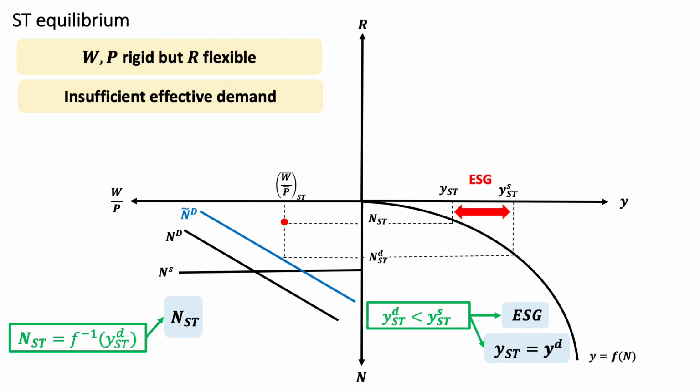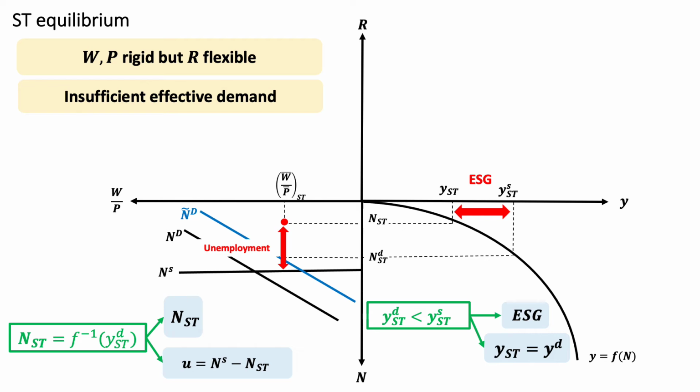Instead of asking for ND, they will seek a lower level N, short term. We see that this level of labor at the given real wage does not enable the firms to maximize profits.